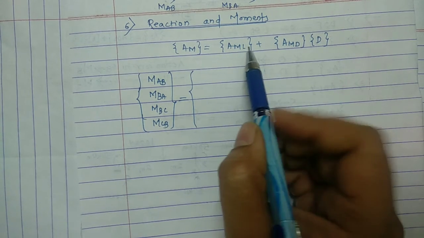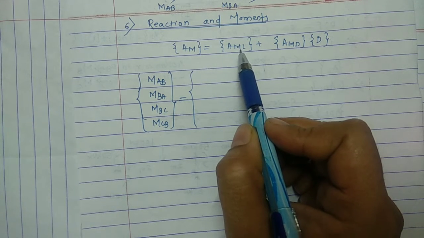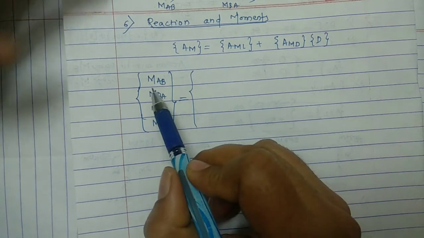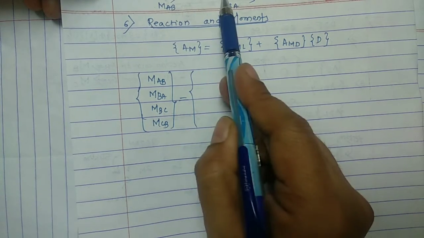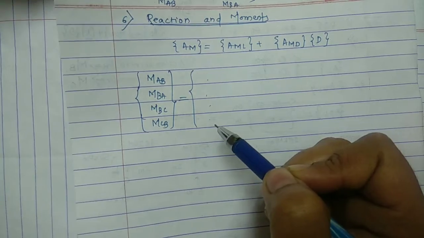AML is the moment or the action corresponding to the restraint structure. So from the restraint structure you have to write those moments, corresponding to nodes A, B, C: AB, BC.